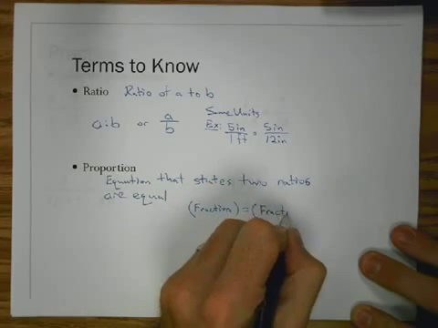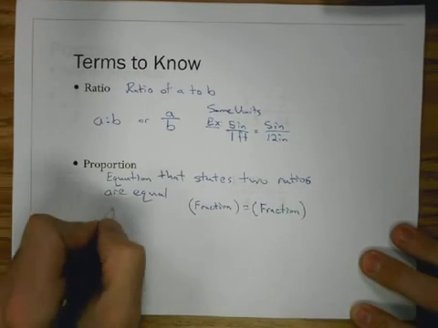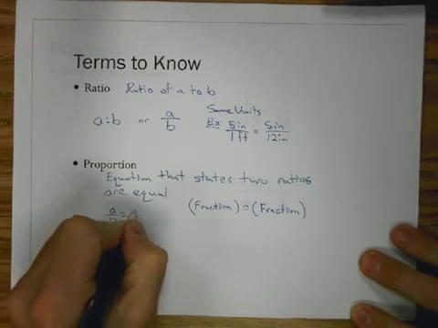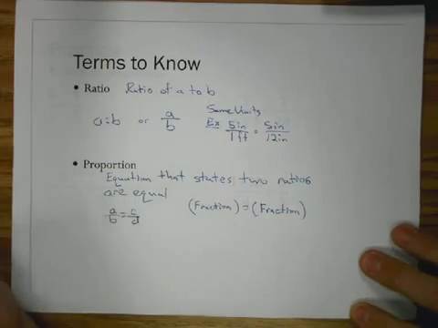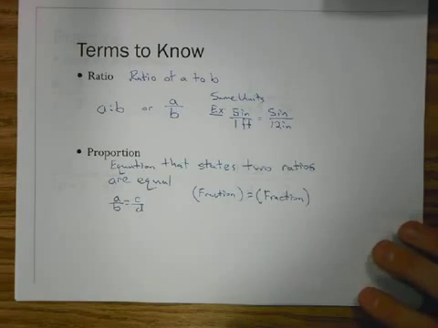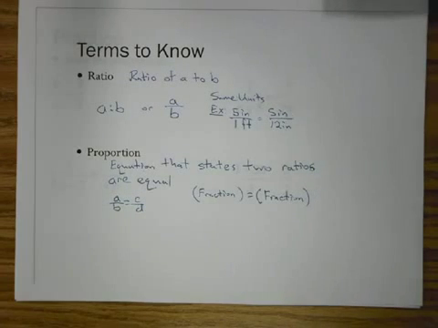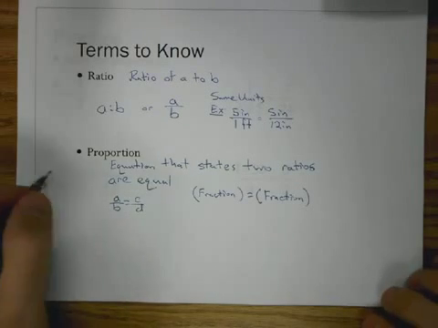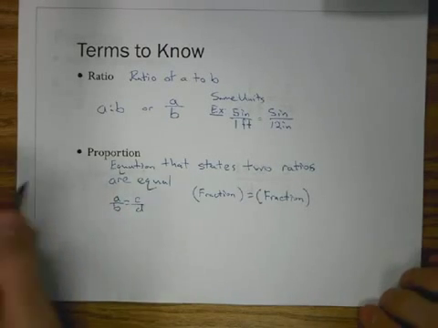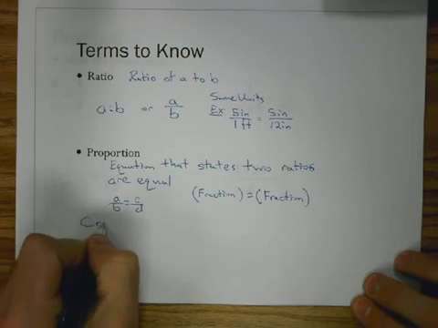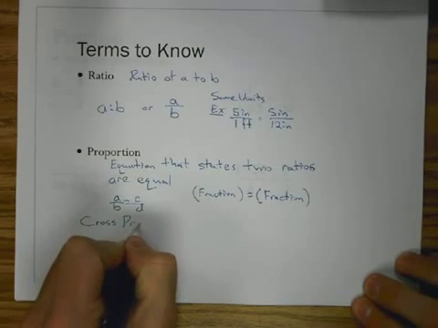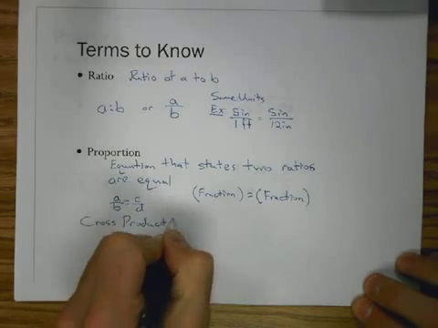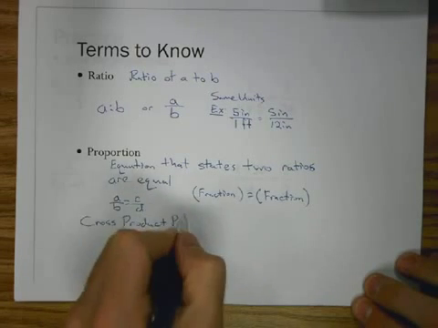So, a ratio is a fraction, a proportion is a fraction equal to a fraction. So if I said A over B equals C over D, that would be a proportion. I have the ratio of A to B and the other ratio of C to D. I set them equal.